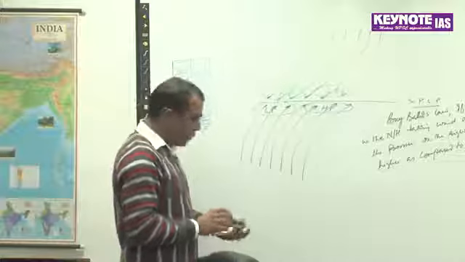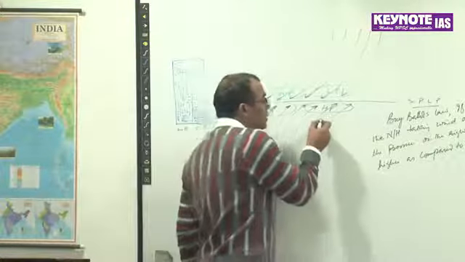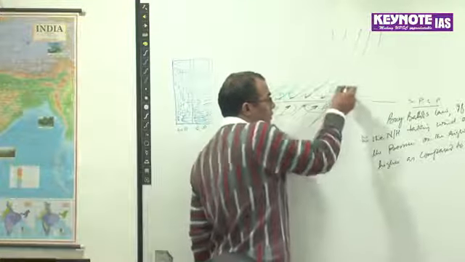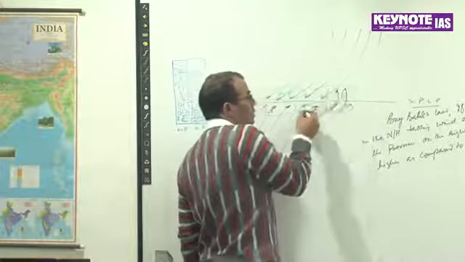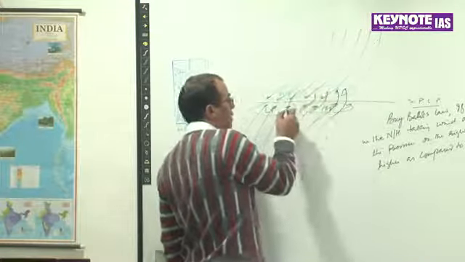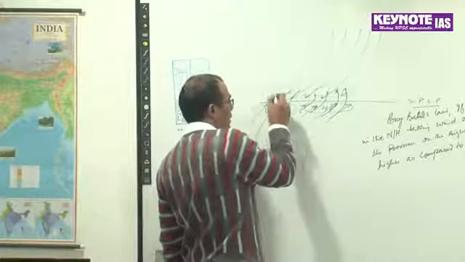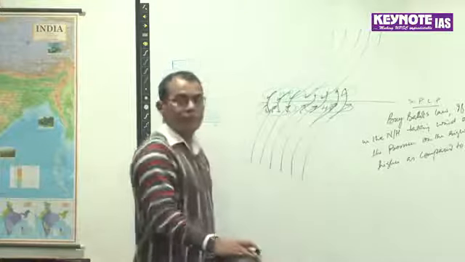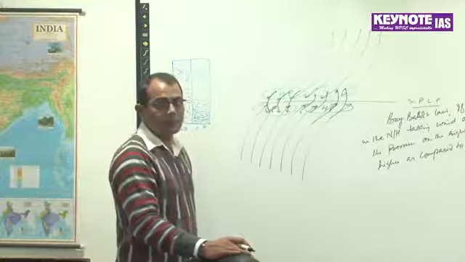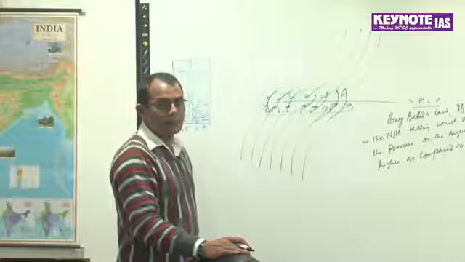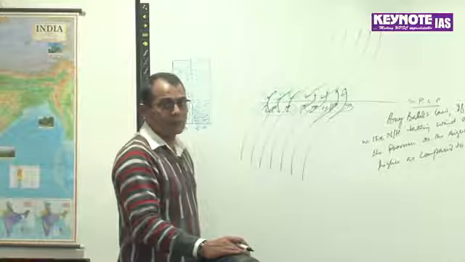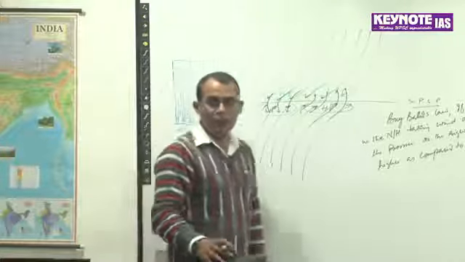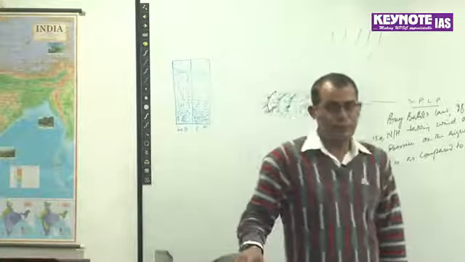Right? So the attack of wind will be from this side, back beating, back stabbing, and here from this side. नहीं समझ में आया? Sure.